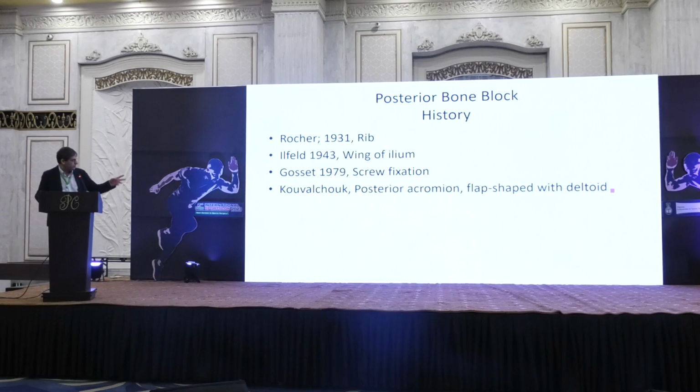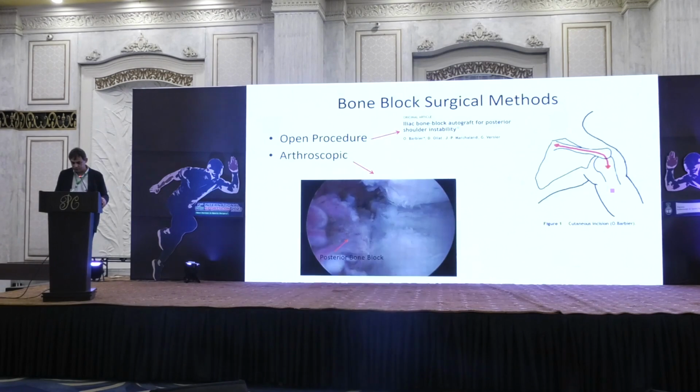There were iliac grafts in 1943, and now we are mostly using these bone block techniques. Bone block techniques can be used in two ways. You can put the bone block there with an open procedure, using an iliac crest bone graft, or arthroscopically.